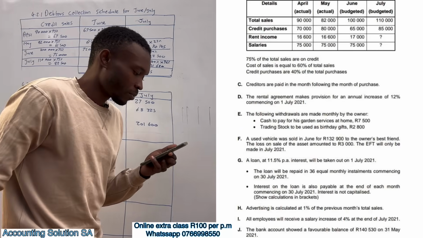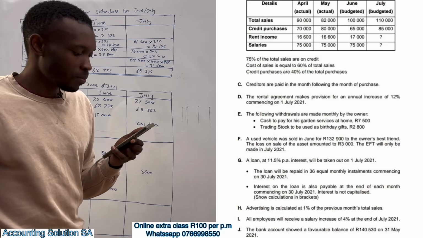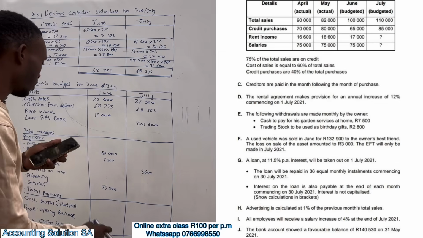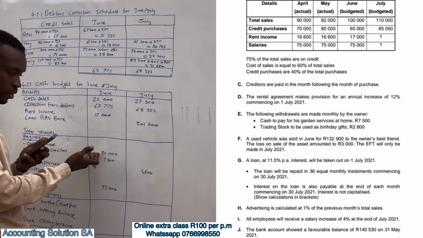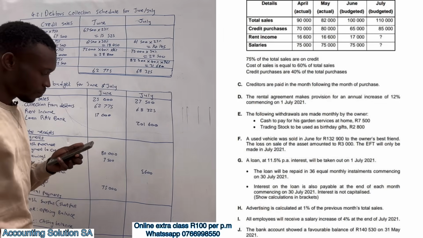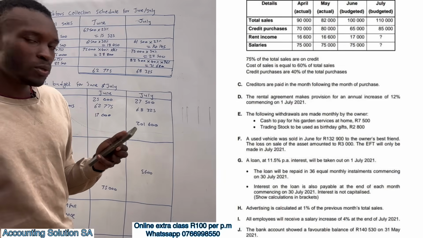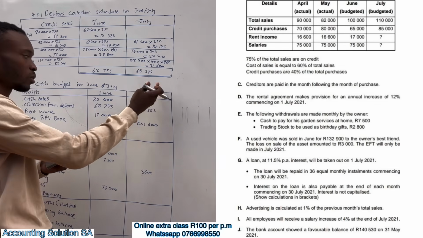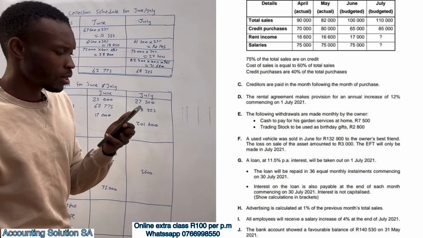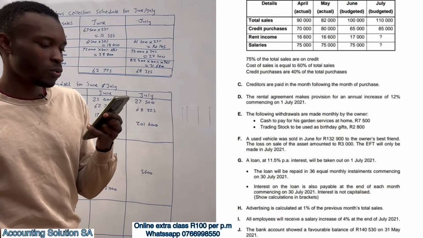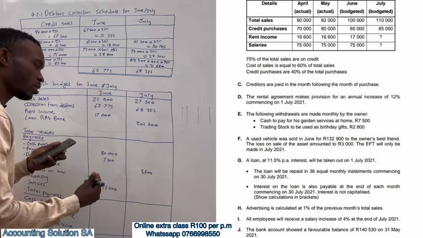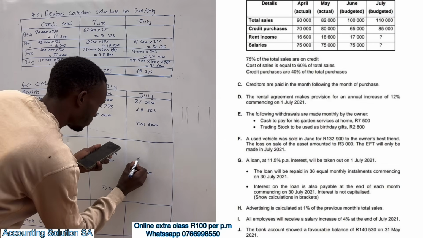Let's take May. A credit purchase of May, it was 80,000. Here it is. It was given 80,000. Okay. Now let's do for July, which means that for July is the one that we took on June. Let's take a credit purchase of June. It is there on the table. In this case, it was already calculated, 65,000.